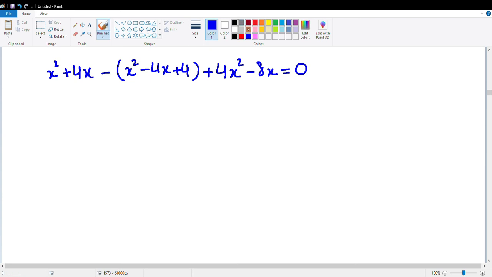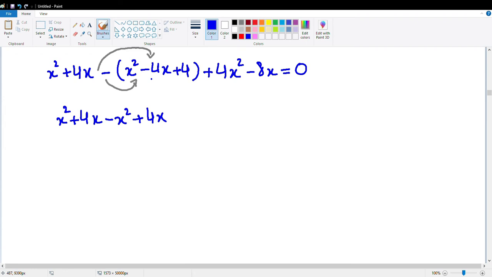And now when the minus multiplies, let's just write these first: x squared plus 4x. And then when the minus multiplies with x squared, we'll get minus x squared. And when it multiplies with minus 4x, it'll be plus 4x, because minus and minus, when they multiply, we get plus.